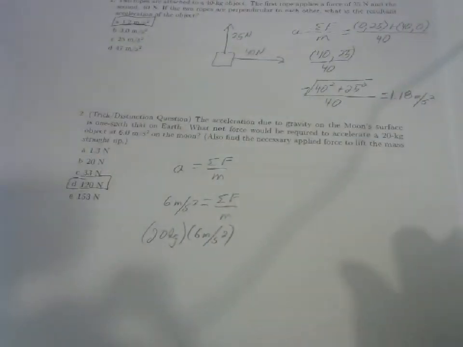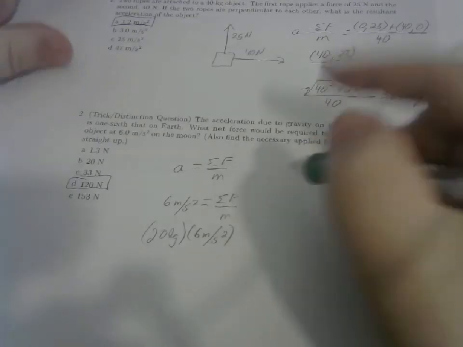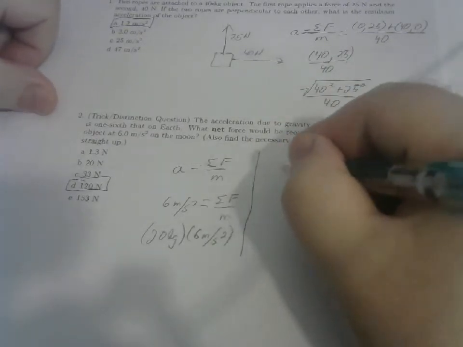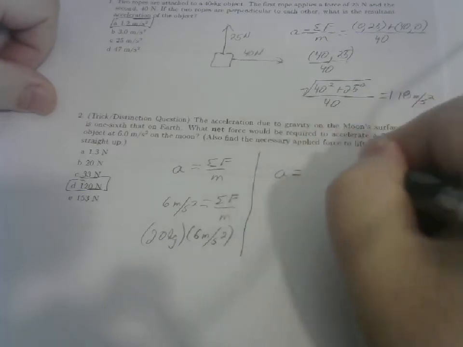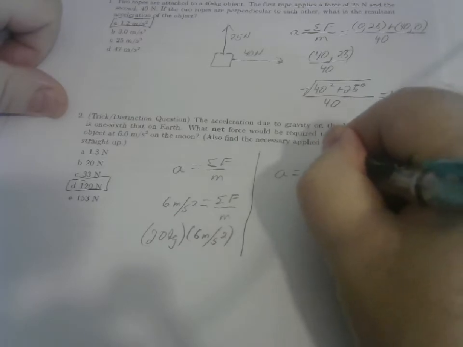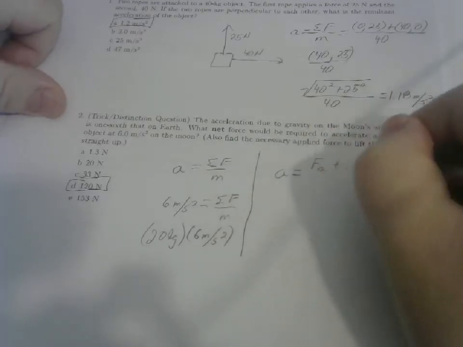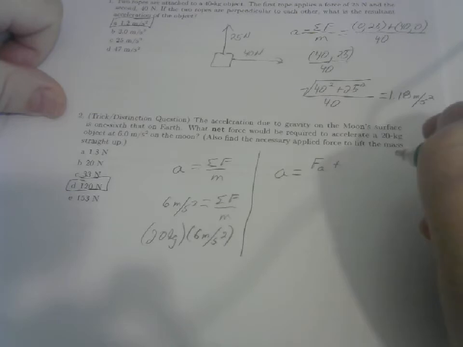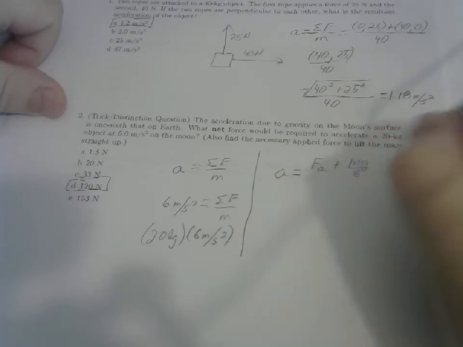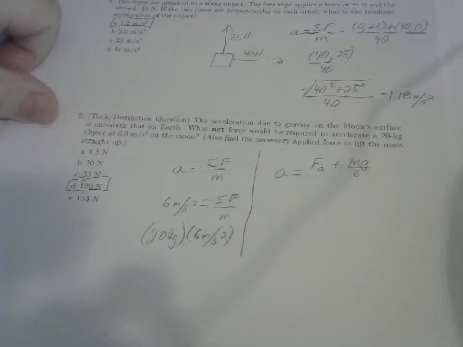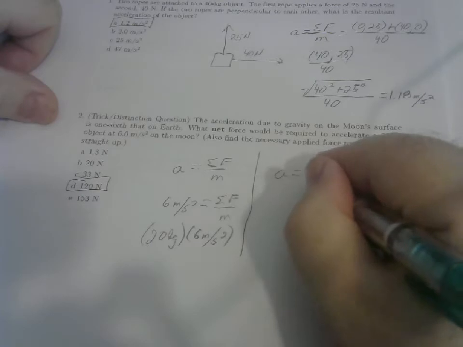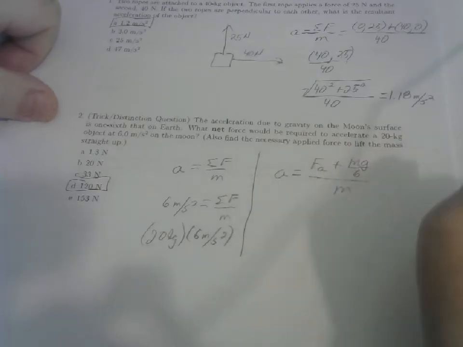But then I ask, what is the necessary applied force to lift the mass straight up? For that question, we need to break down the sum of the forces into force applied plus the force of gravity on the moon, which is going to be mg over 6, the same as the force of gravity on the Earth divided by 6, and we'll divide that by m.